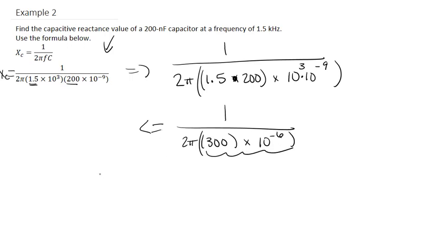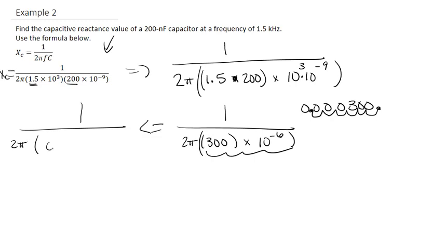So we have 1 over 2 pi still, and now let's look at 300. We have a decimal here. We need to go over 6 spots. We go 1, 2, 3, 4, 5, 6. So this new number, instead of saying 300 times 10 to the negative 6, in standard notation is 0.0003.